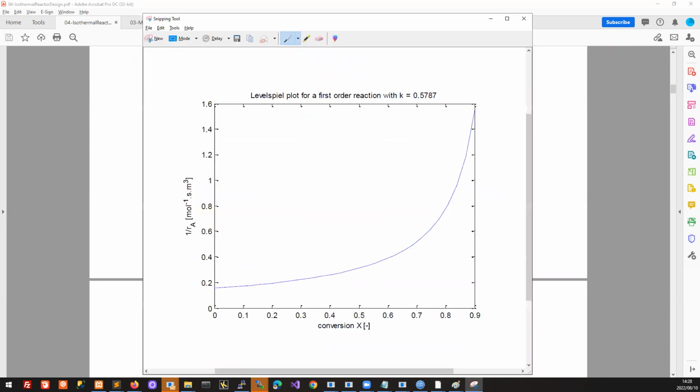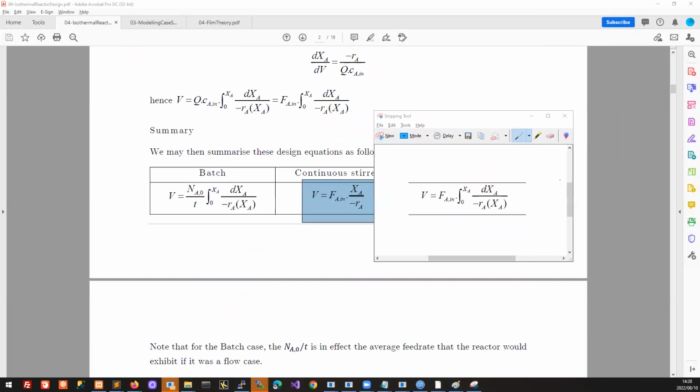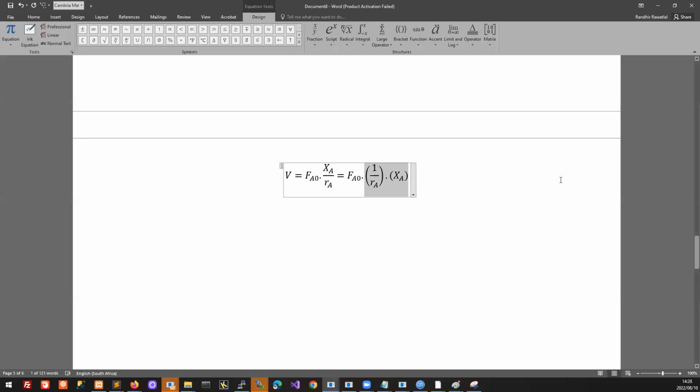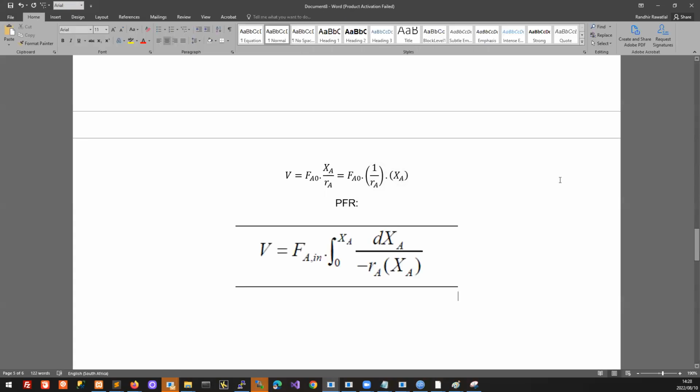On the other hand, if we look at the other equations, let's take the plug flow case. I'm just going to snip it out. The plug flow case is a bit different. We have this instead, and this one doesn't say multiply y by x. This one is saying integrate y with respect to x.